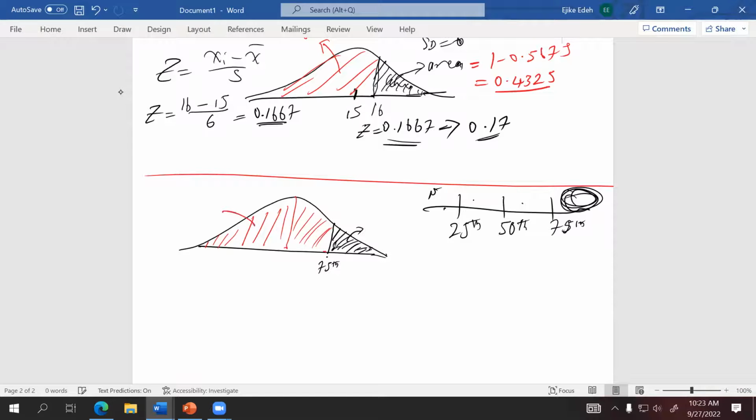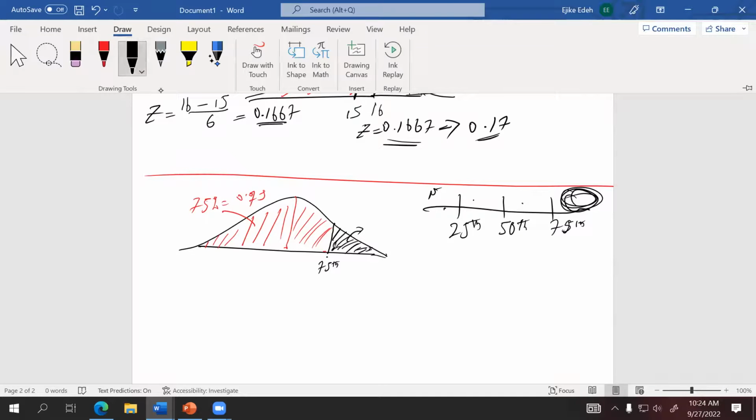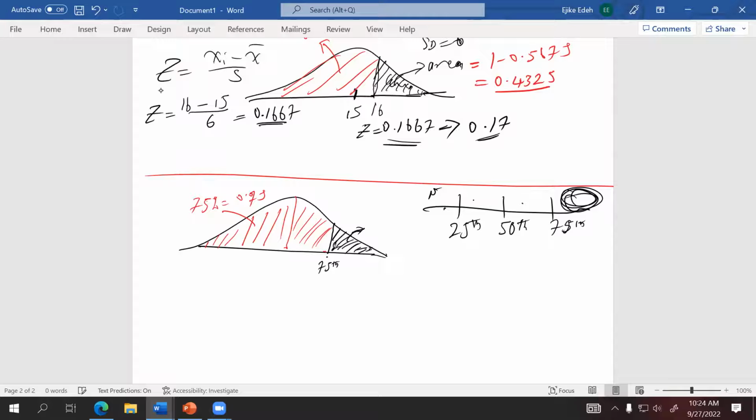So if this is the 75th percentile, it means this area here is 75%, which is 0.75. It also means this area here must be 25%, isn't it? Because the alternative is what you get from 1, right? So this will be 0.25. Are you all with me to this point?